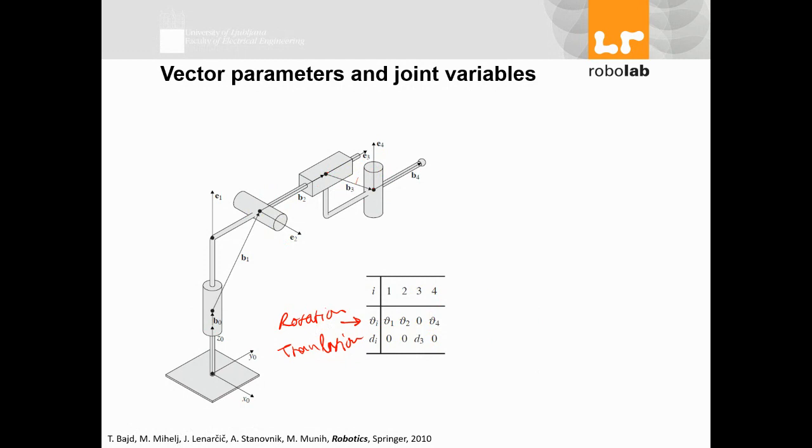Now, unit vectors for them. So for joints, I build a table for joint number 1, 2, 3, and 4. I have E. For number 1, can you tell me what the unit vector for joint number 1 is?